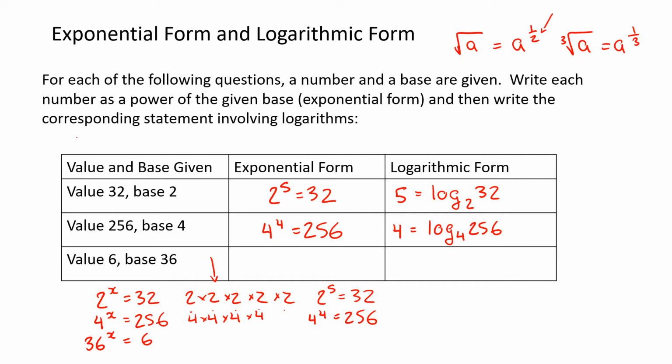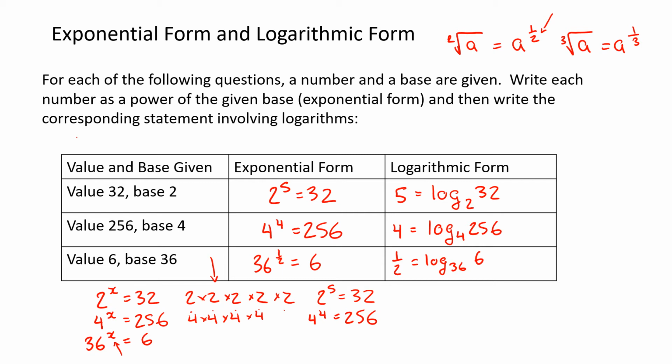The reason this is a half here is because for the square root, the order of the root is 2. We just often omit it. So knowing that, we know that the exponent here must be 1/2 because the square root of 36 is 6. So we have 36 to the 1/2 is equal to 6. And if you were to write that, our exponent, 1/2, is equal to the log base 36 of the number 6.